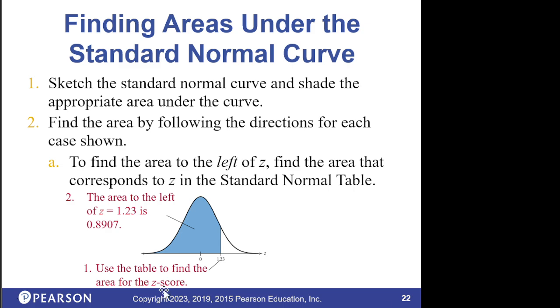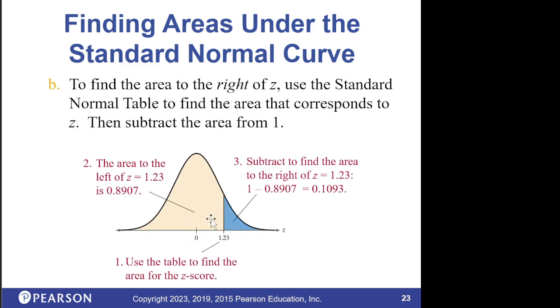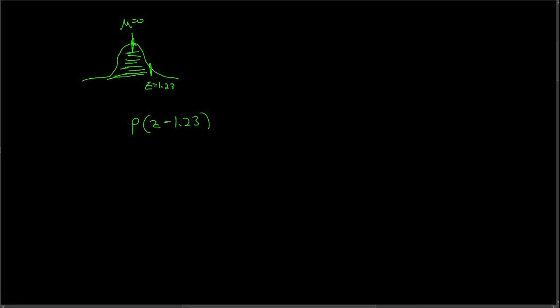Now if we continue looking at this, we can look at the probability to the right, or for being larger than a z-score of 1.23. And we can use the idea of a complement. Since the area under the curve has to be 1, and we know the value up to 1.23, then we'll subtract it from 1. Now again, in my process here, this should be the probability that z is less than 1.23.